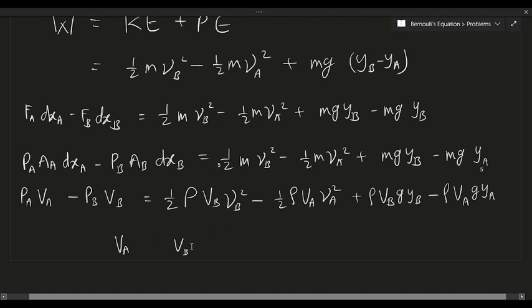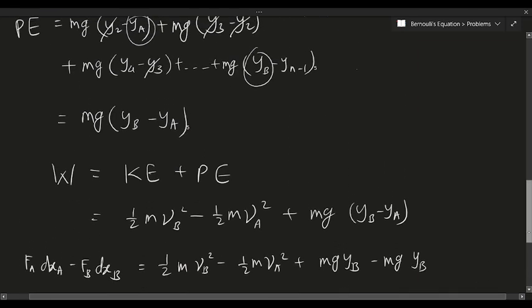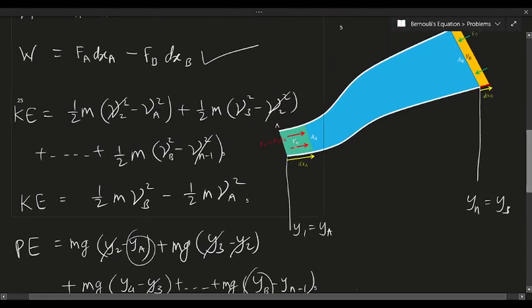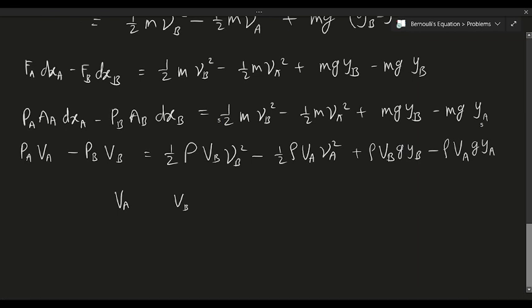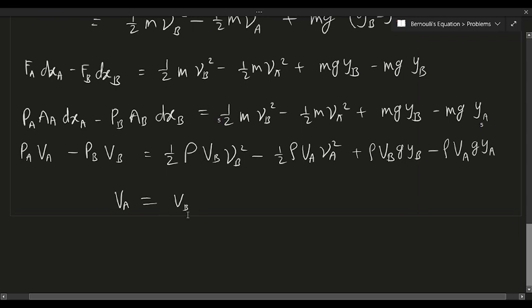So Vb is the volume of the last element which has emerged outside, and Va is the volume of the first liquid element which has moved forward into the pipe, and the same amount of liquid outside the pipe has replaced the first liquid element here. So the volumes of all the liquid elements must be the same, because they are just replacing each other with constant density and constant mass. So Va is equal to Vb.